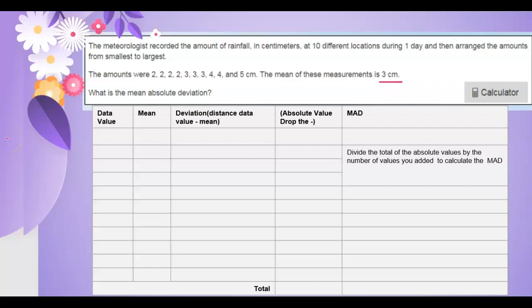So you go ahead and put your data values here, and all of the means will be 3.